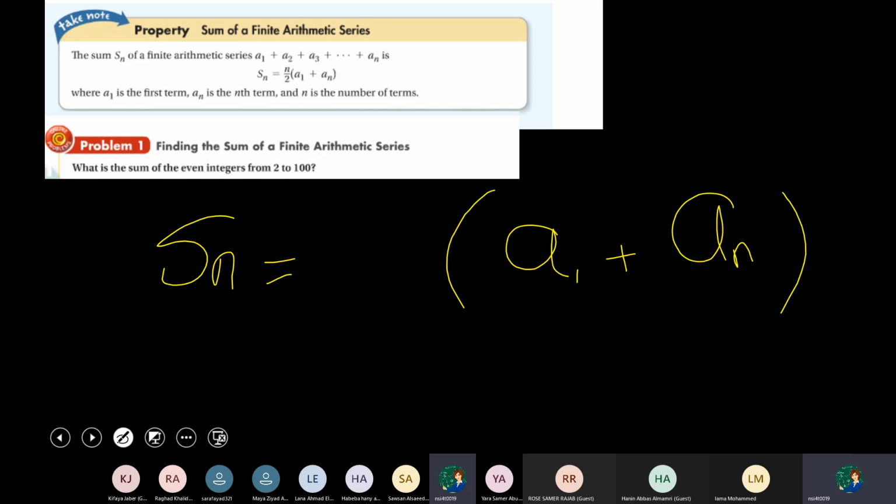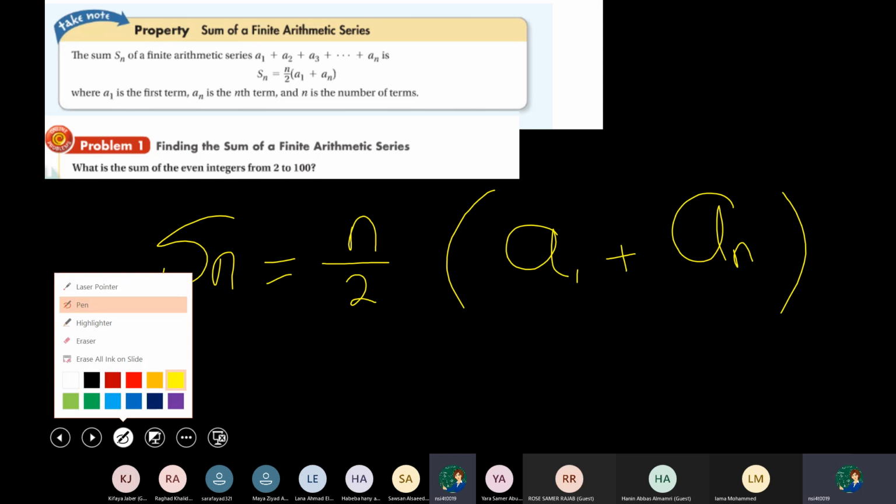So for the finite arithmetic series, I need only the first term, the last term, and the number of the terms, divided by 2. This is how we can find the summation of a finite arithmetic series.